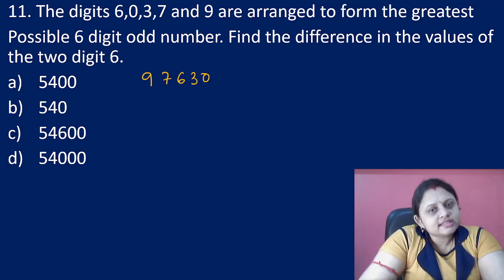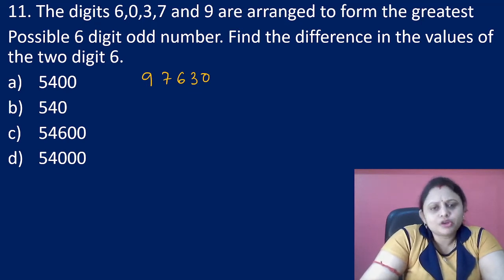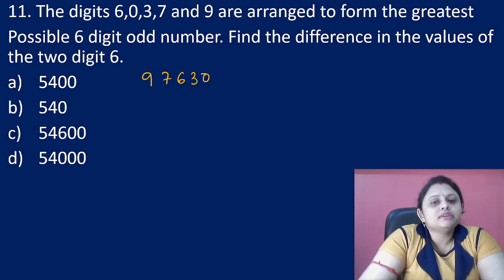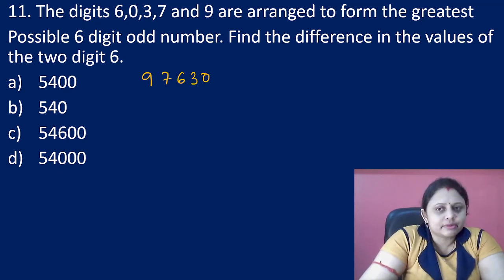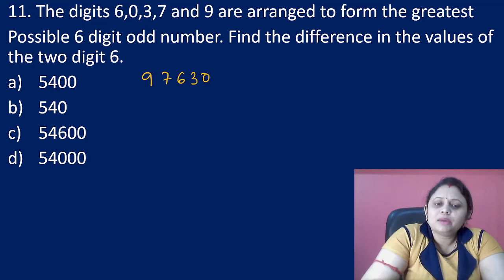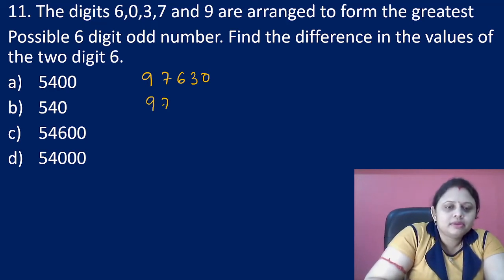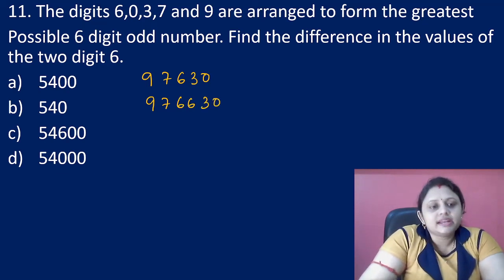To get a 6-digit number using 5 digits, we have to repeat a digit. Normally we should repeat the largest digit, but here it is already given to find the values of the two digits 6, which means we have to repeat 6 here, not 9. So what will be the number? 976630. It should be the greatest possible 6-digit number using the digits.